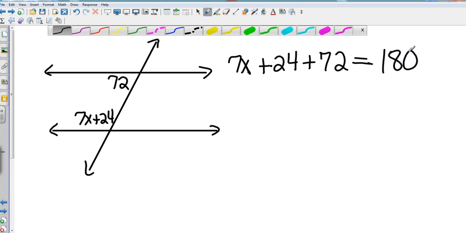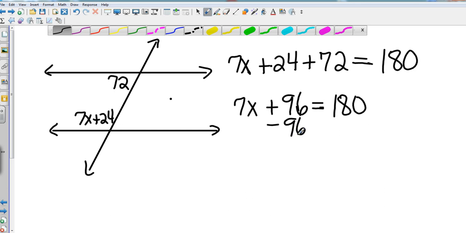So I can combine like terms. That gives me 7x plus 96 equals 180. Then I would subtract 96. And that's going to give me 84.